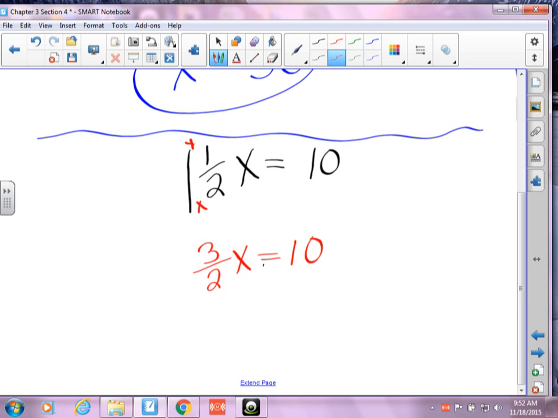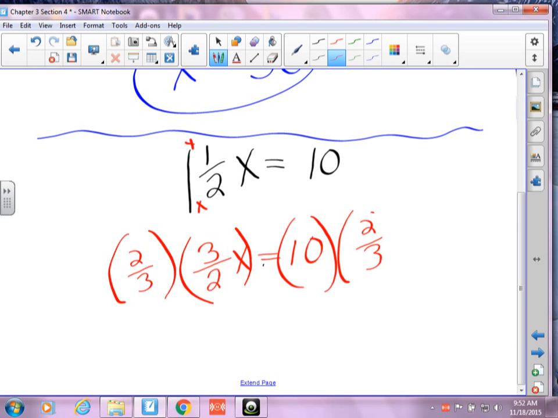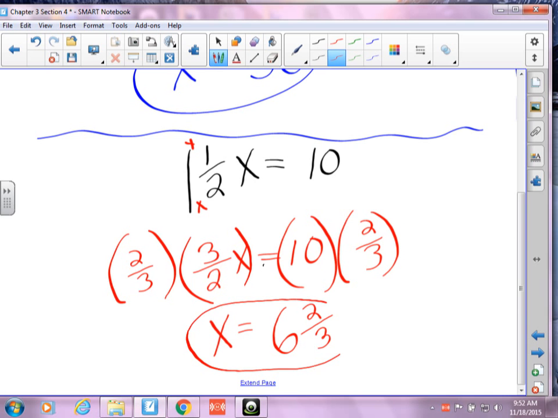And then I would multiply by what? 2/3. So then the first part turns into 1, so I get x equals, and what do I get? 6 2/3. And I would leave it as a fraction.